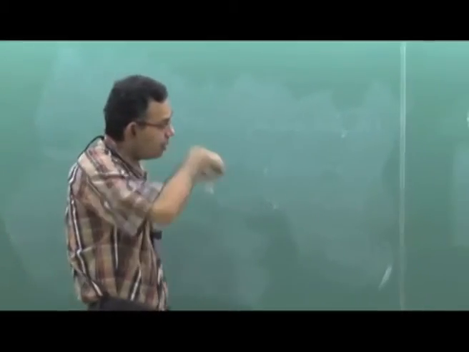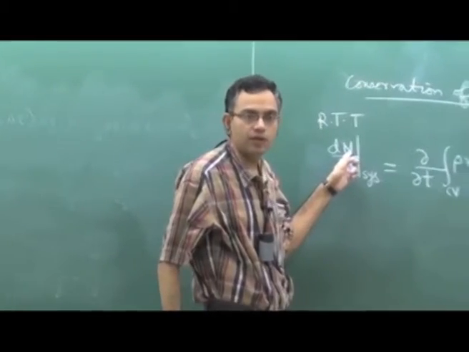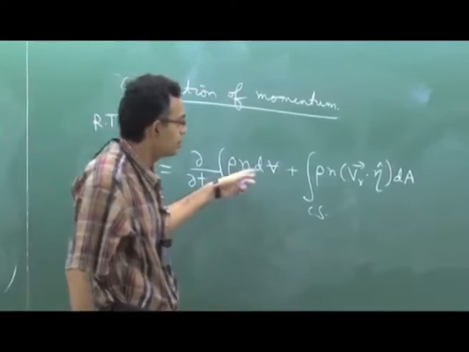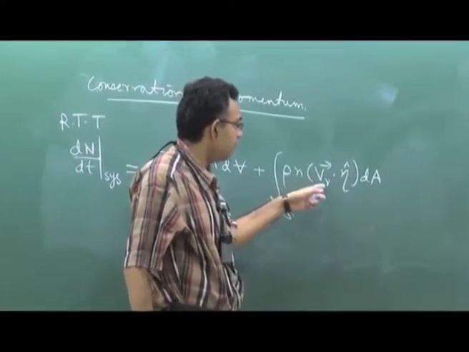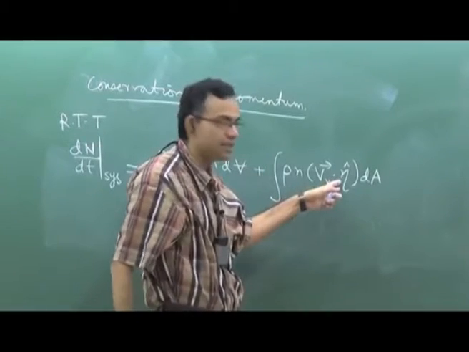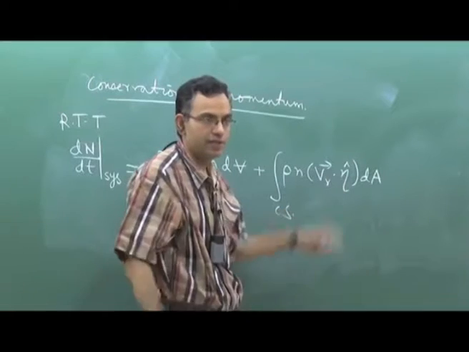If you recall, this capital N is an extensive property of the system, small n is capital N per unit mass, and Vr is the velocity of the fluid relative to the control volume, and eta is the unit vector outward normal to the control surface.